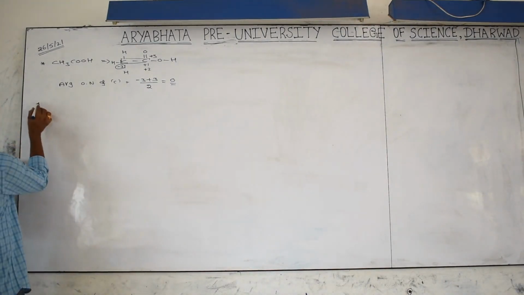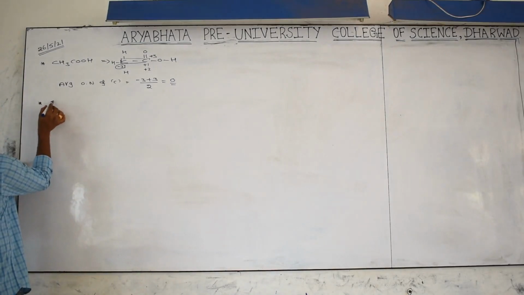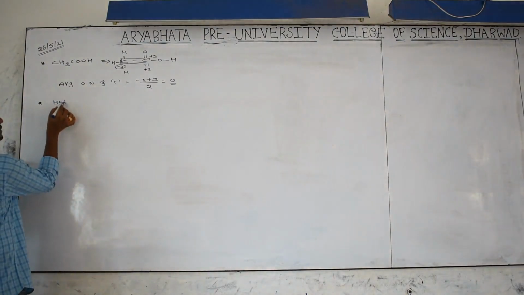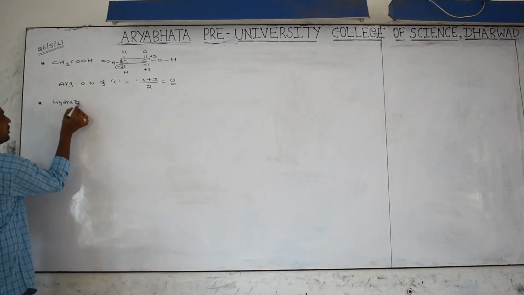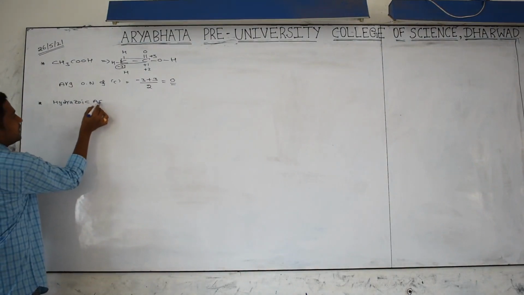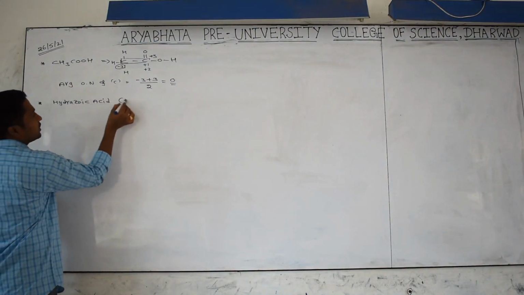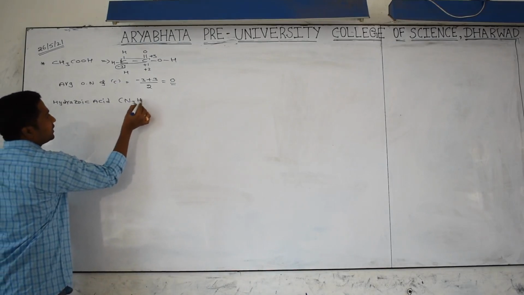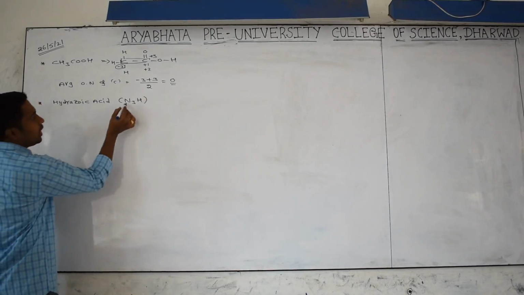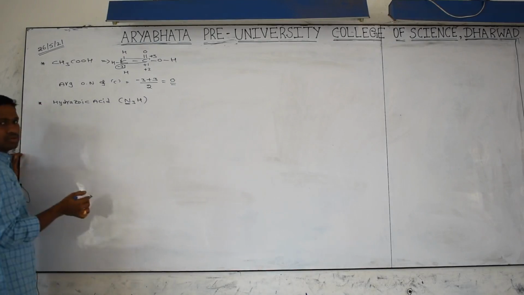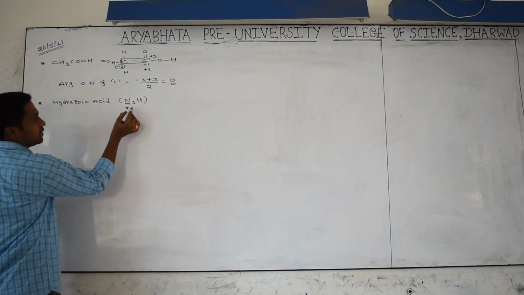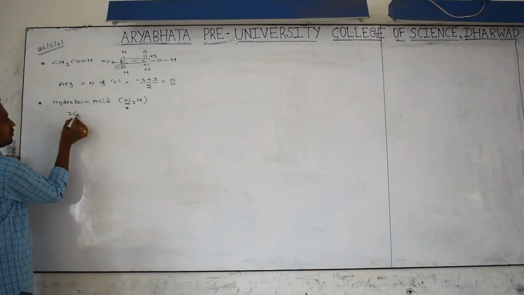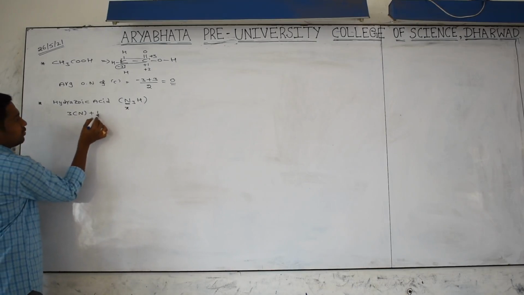I will tell you another example: hydrazoic acid. Hydrazoic acid means the reverse of the ammonia formula, N3H. I want to find out the nitrogen oxidation state here, taken as X. We write 3 nitrogen atoms plus 1 hydrogen atom.